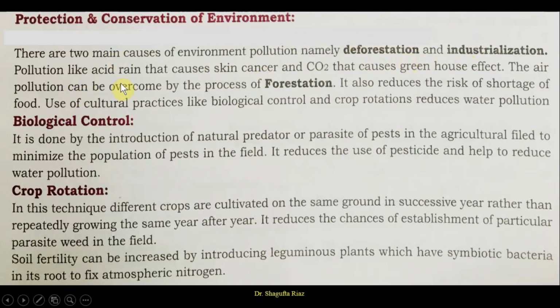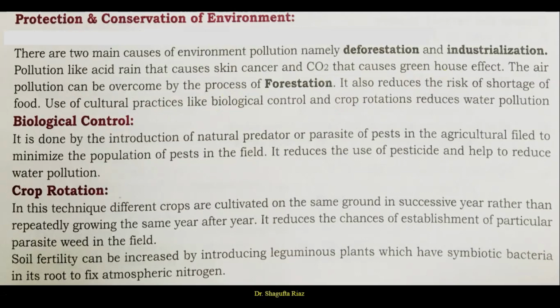Pollution like acid rain causes skin cancer, and carbon dioxide causes the greenhouse effect, and air pollution can be overcome by the process of forestation. It is very simple. Air pollution can simply be overcome by forestation if we plant a number of different plants and make a forest area in that particular area.